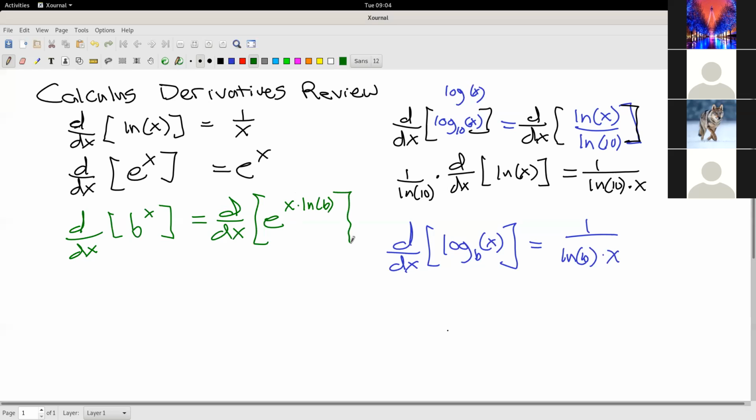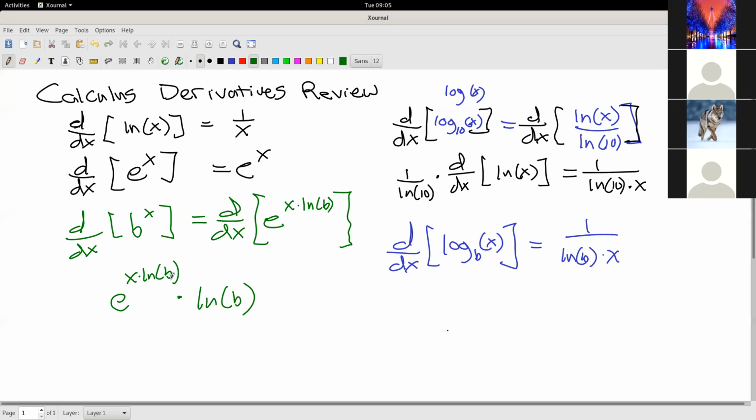This formula is related to the change of base formula for logarithms. If we take the derivative of that, the derivative of e to whatever is e to the whatever. So I get e to the x natural log of b times the derivative of the exponent, and the derivative of x times something that's linear is just that thing. So natural log of b.